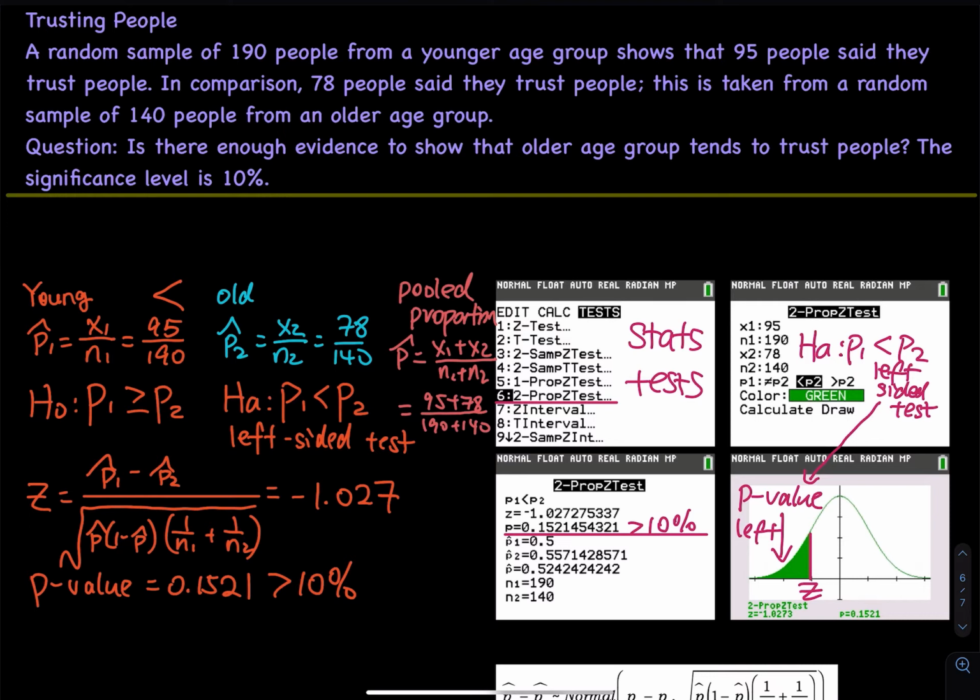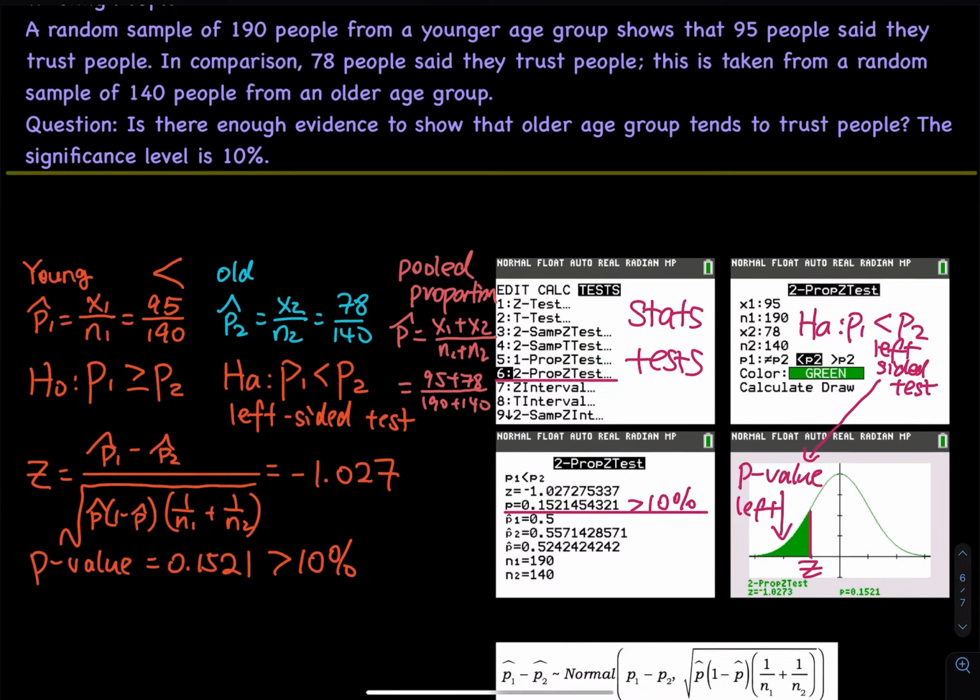The lower limit is negative infinity, the upper limit is negative 1.0273, and then the mu is 0, standard deviation is 1, and then once you hit paste and calculate, you will get the exact p-value. But you already have that. The test already reports the p-value, so why use the normal CDF command, right?